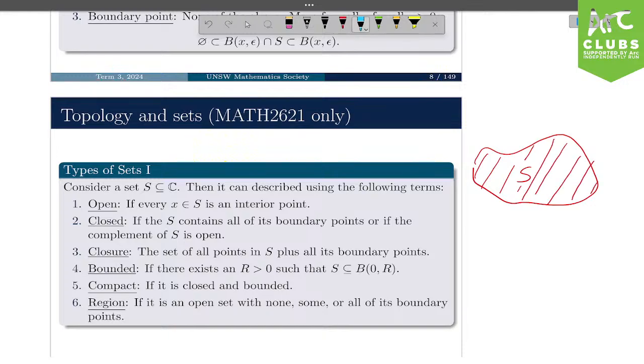It means we don't have any boundary points in S, basically. And what closed means is, instead of having no boundary points, we have all our boundary points. And the closure of any set is the set plus all its boundary points.